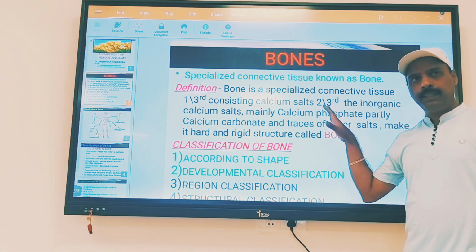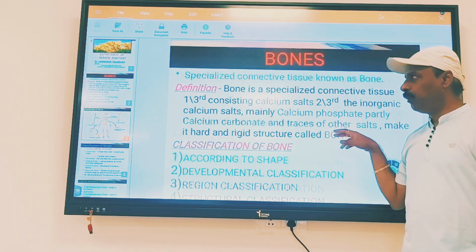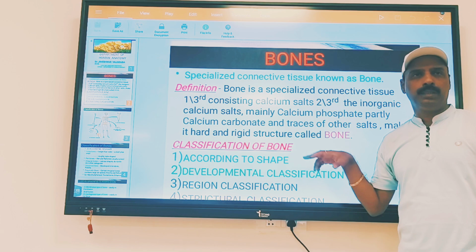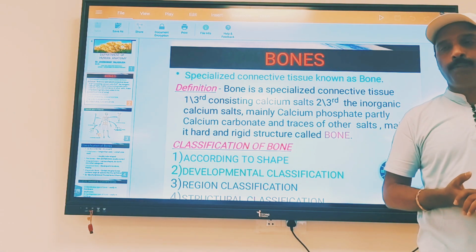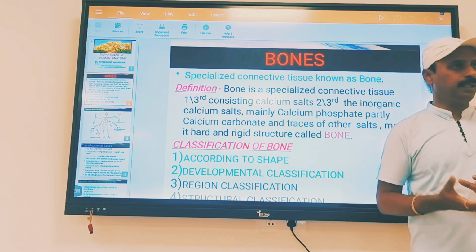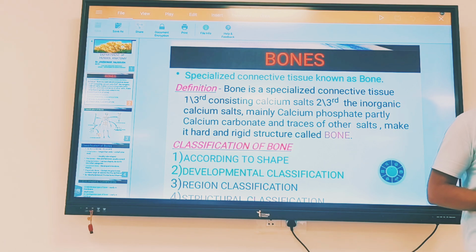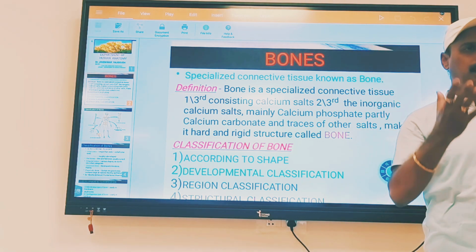After the definition, you have to know what the classification of bones is. We classify the bones into 4 broad classifications. How are they divided? They are divided according to the shape, how they appear.